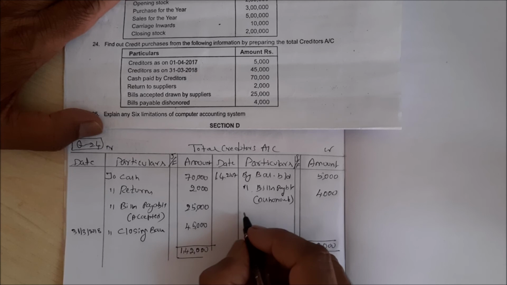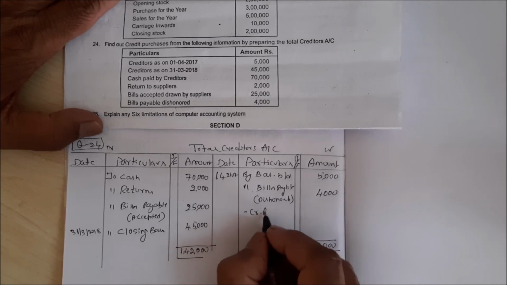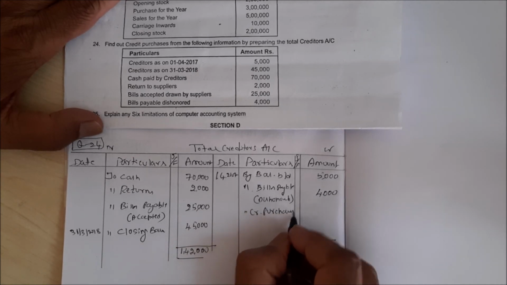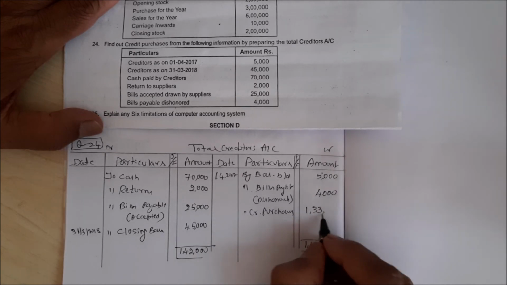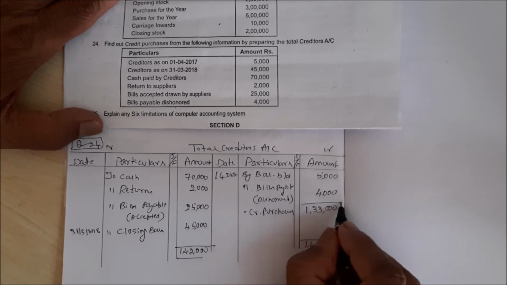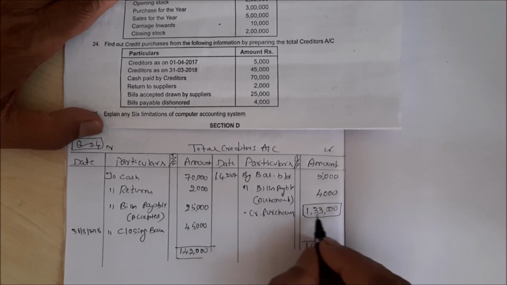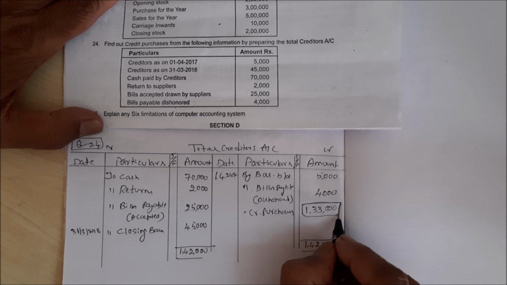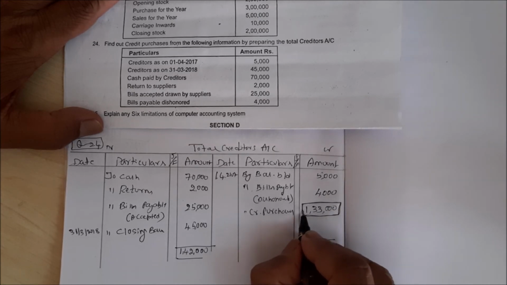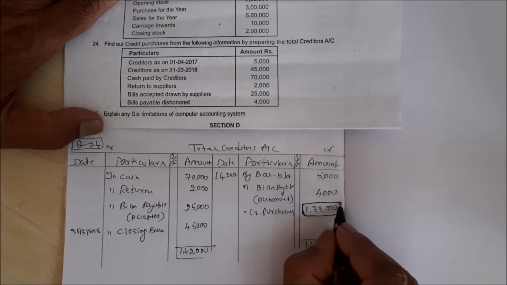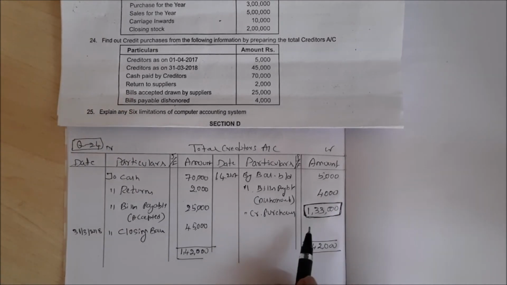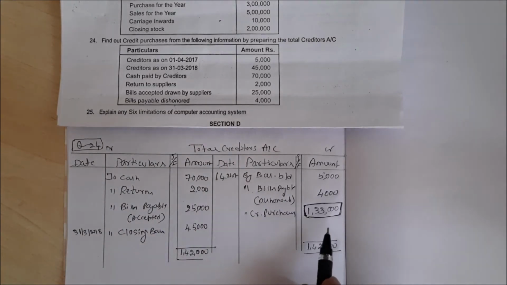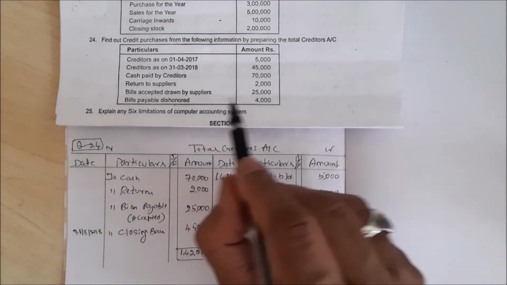The difference between the two is by credit purchases. So credit purchases is 1,33,000. Credit purchases is 1,33,000. If you mark like this, it is called as balancing figure. So credit purchases from the above problem is 1,33,000.